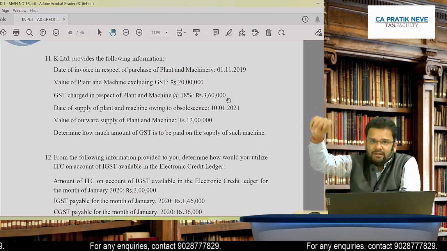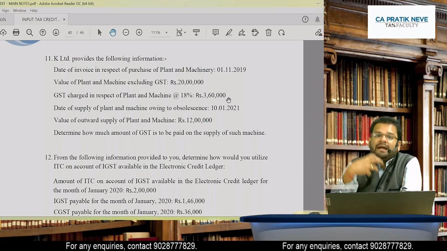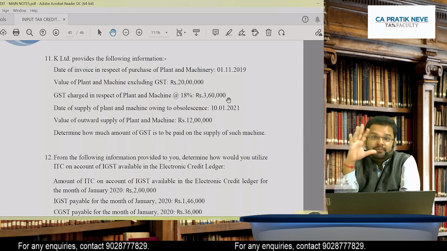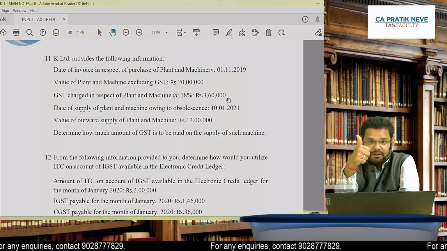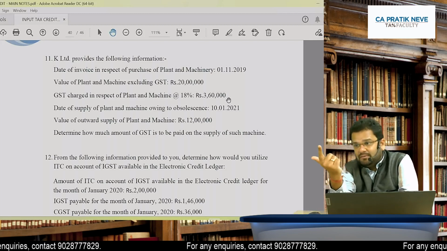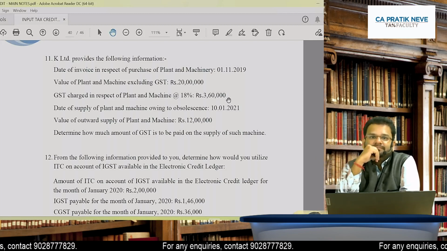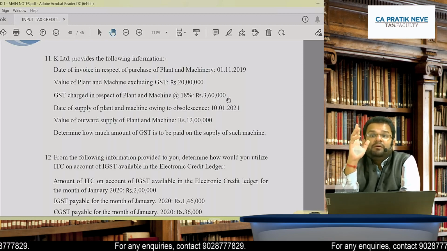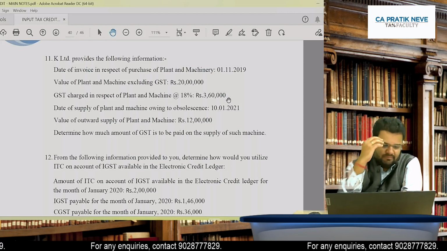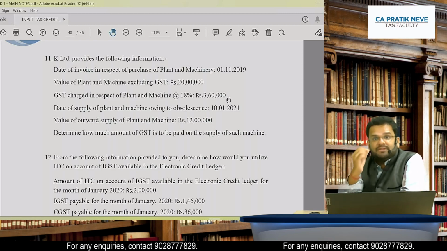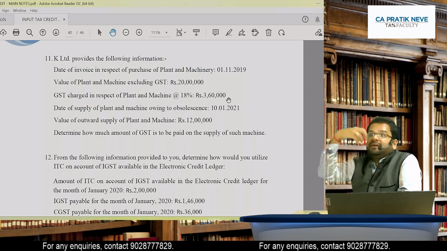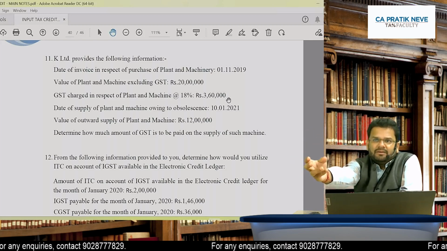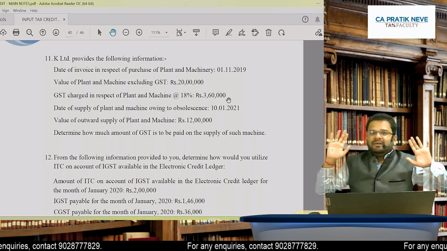She will paint it, she will send it back to me, and then I will sell it. Remember who I am? Principal. Who is Astha? Job worker. Agreed? Simple provision is that when I send my goods to Astha, nothing I should do. It is not supply.